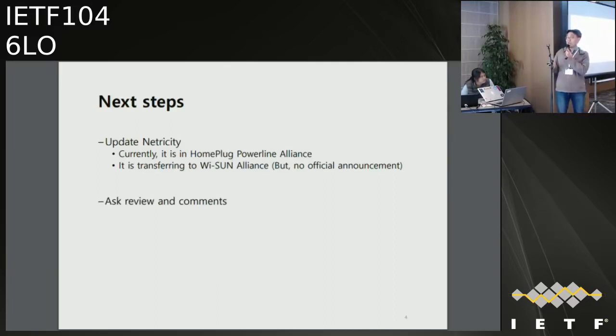Among them, I heard that Netricity is moving from the HomePlug Powerline Alliance to the Wi-SUN Alliance, but until now there is no official announcement. I'm double checking about this change, but there is no official announcement. So if some change about Netricity happens, then I will update.